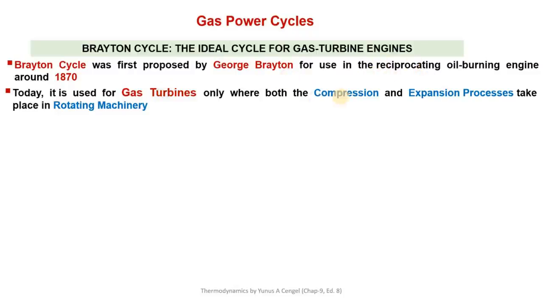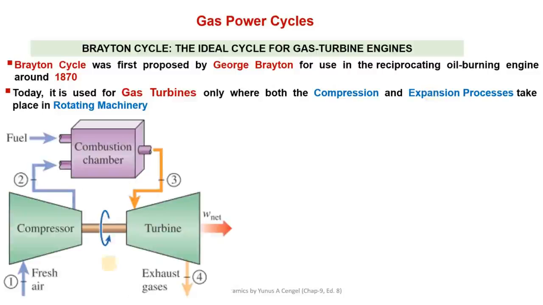So here both compression and expansion processes take place in a rotating machine, but in case of reciprocating type of gas power cycles, both compression and expansion processes take place in a cylinder piston mechanism. Okay, so how does the cycle look?